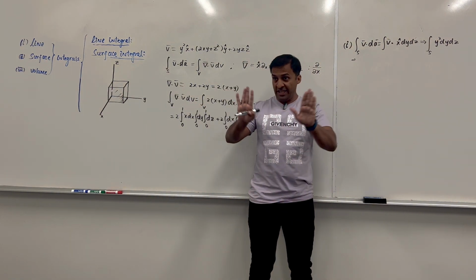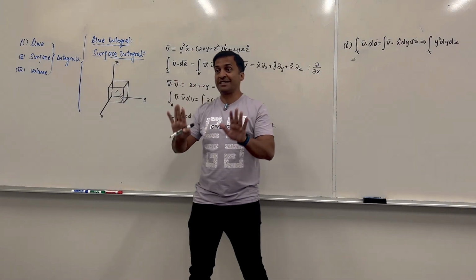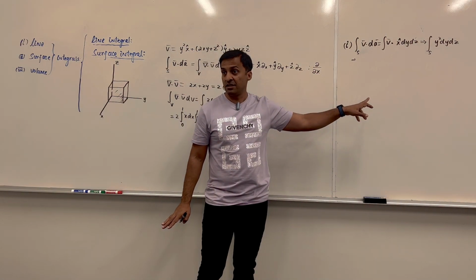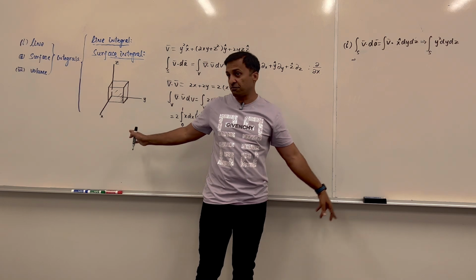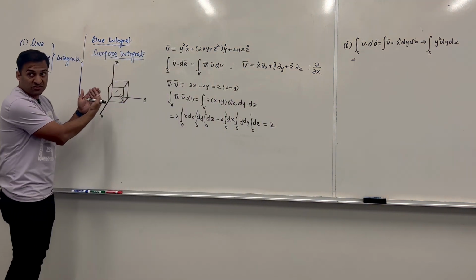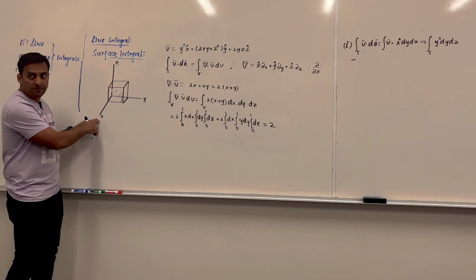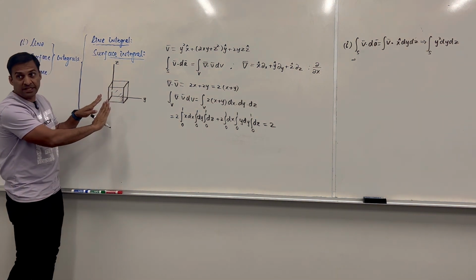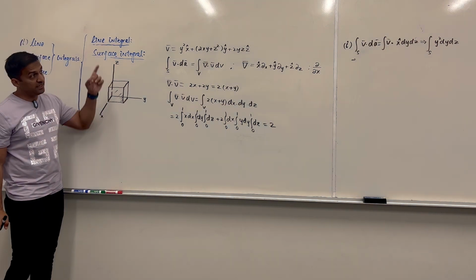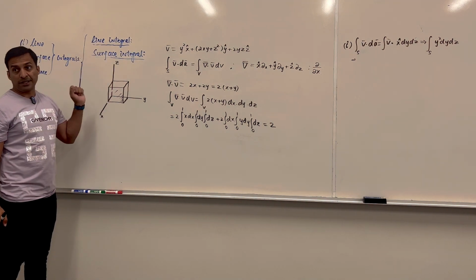Its area is a two-dimensional area lying in the yz plane, so the differential area will be dy dz. It's going to change for each surface that we consider. So first we are just considering this surface that is coming out. Its direction is towards the positive x-axis, and it's lying in the yz plane. So this is going to be dy dz. That's what I have written. Okay.